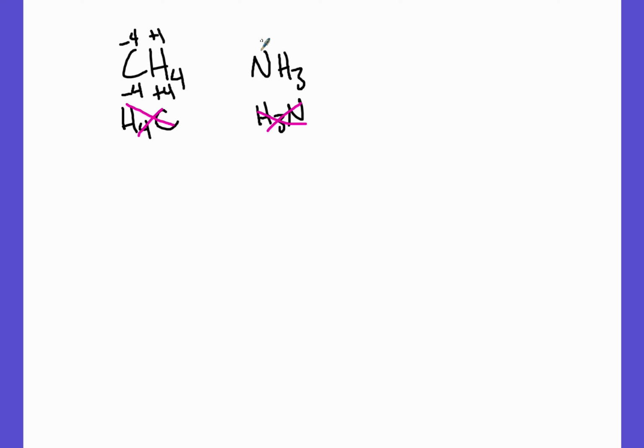So nitrogen in this one could get priority if I wrote it the other direction. So you'd start with a -3, which makes sense for a nitride. And that means I have to have a +3, which means each hydrogen is +1. But again, because these are written backwards sometimes, you have to know that hydrogen is almost always a +1.